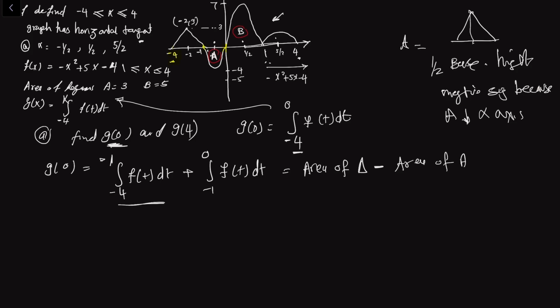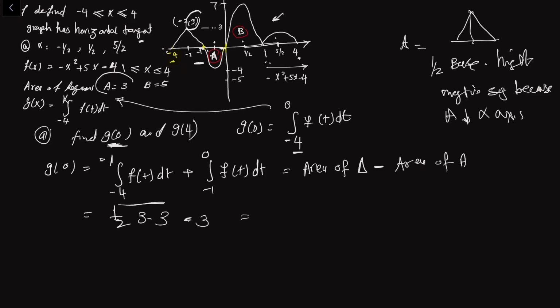Okay, let's apply this. What's the area of this one? Half the base, and the base is -4 minus -1; we're looking for the absolute value here, so that's 3. The height is the y value, that's 3. So 3 times 3. Plus, what's the area from -1 to 0? That's the area of A, which is negative, negative 3.